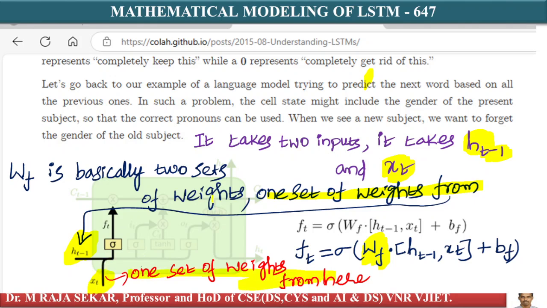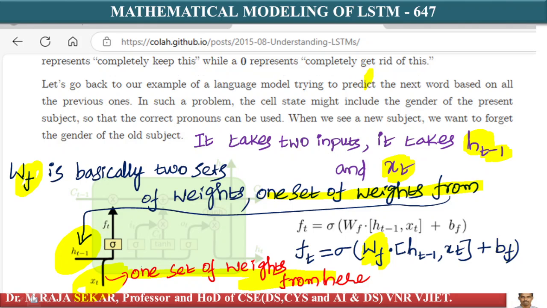These two sets of weights will be concatenated and they are calling it W. Means one set of weights from ht minus 1 and one set of weights from xt, isn't it? If I concatenate these weights at ht minus 1 and xt, I get Wf. It is called the forget gate weights.